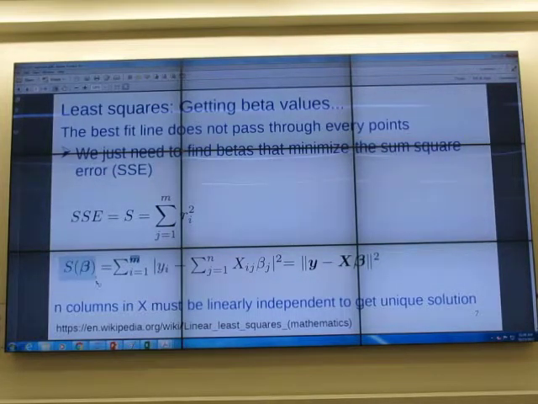So S, the sum square error, can be written as the norm of vector y minus matrix x times beta. So S, how does it look like? Is that a square matrix? Is x square?